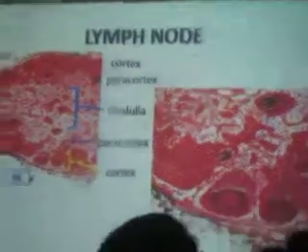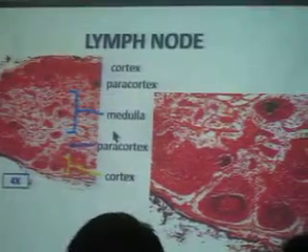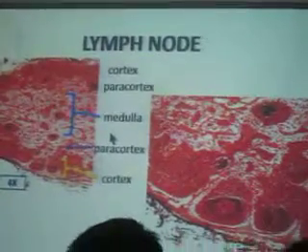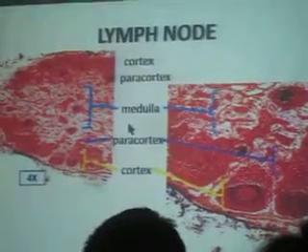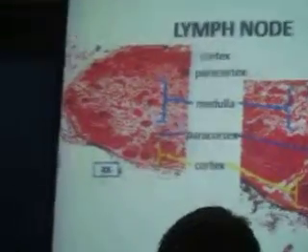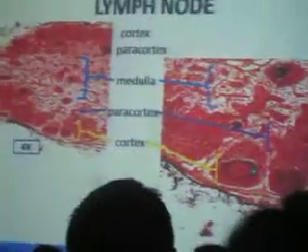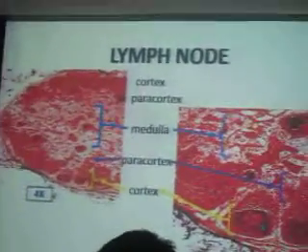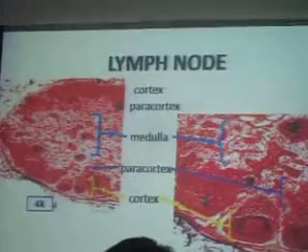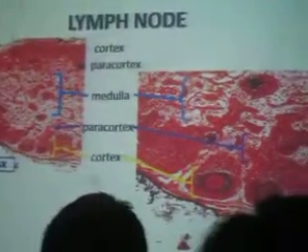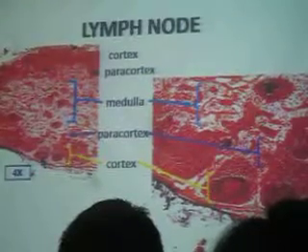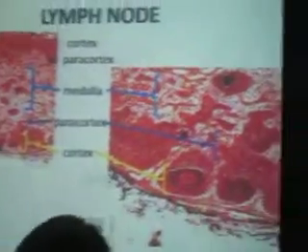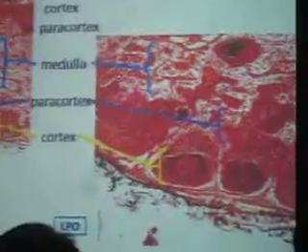But on the other end, you'll have the hilum, which is the concave part, where you'll have the efferent vessel. Again, medulla, paracortex, and your cortex. Within the cortex, you'll find your lymphoid nodules. And the lymphoid nodules will have a clear area, which you will call your germinal center or germinative center.